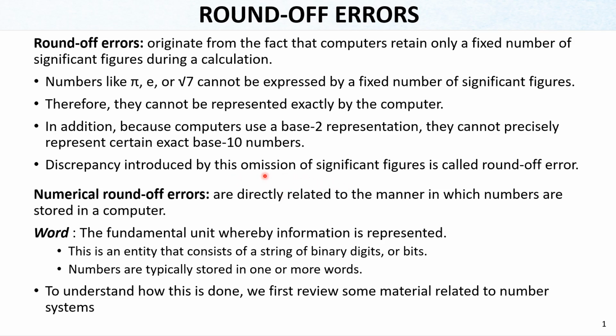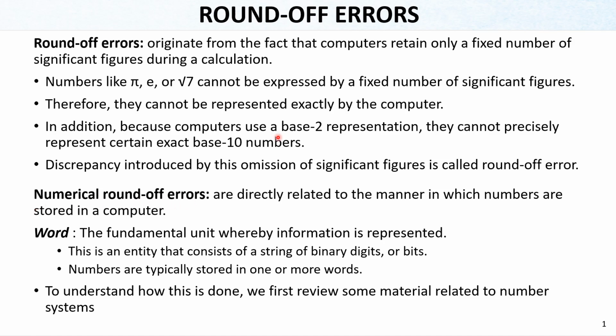By the omission of significant figures, we will have a discrepancy, and it is called round-off error. Numerical round-off errors are directly related to the manner in which numbers are stored in a computer. So if you are using computers and you have round-off errors because of the omission or cutting at some point, that means numerical round-off error exists.